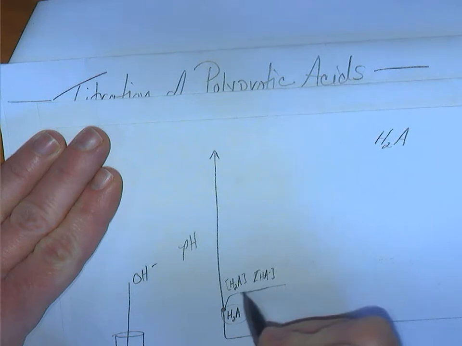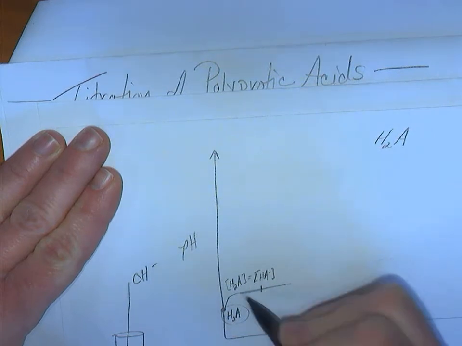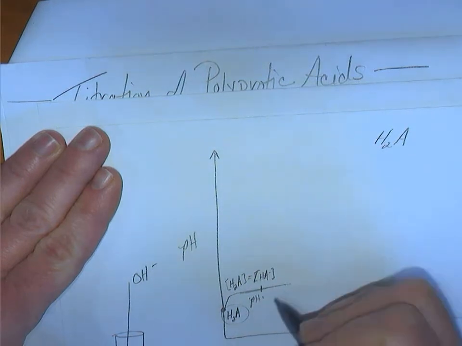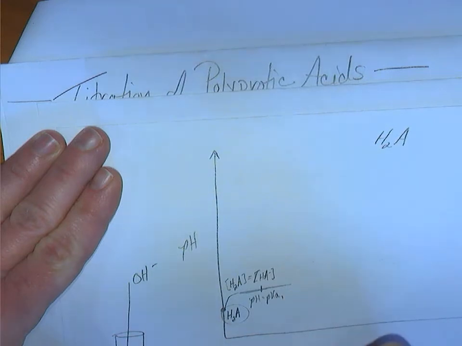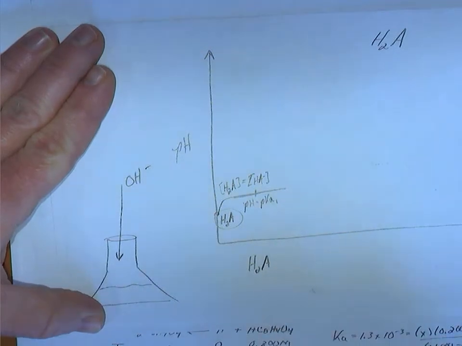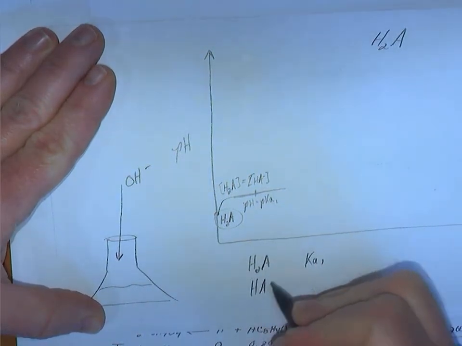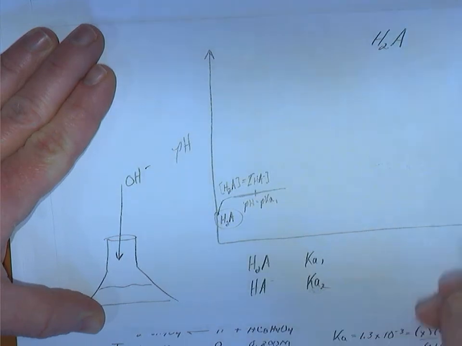Well, eventually, we'll reach a point where these are equal, just like our monoprotic acid. And so at that point, the pH will be equal to the pKa1. So remember, the release of the first ionizable hydrogen we would describe with Ka1, but then this has the potential to continue to be an acid, so Ka2.